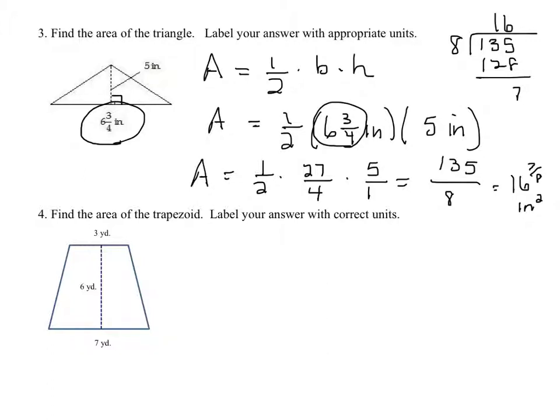Next, this is a trapezoid. A trapezoid has one set of parallel sides, and the other 2 sides are not parallel, so I wrote a squiggly line. The formula for that is 1/2 the height times base 1 plus base 2.